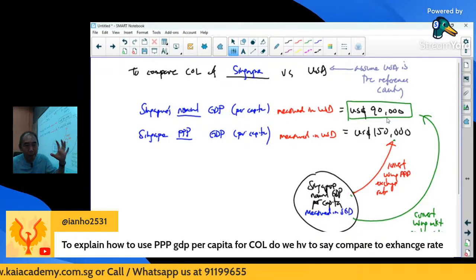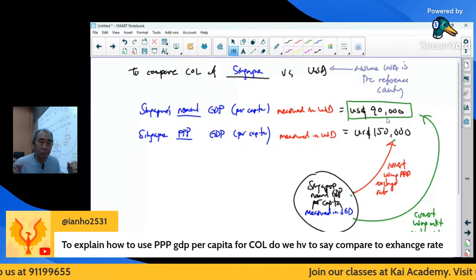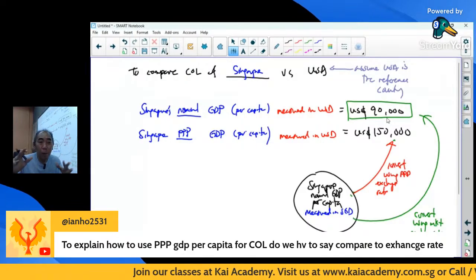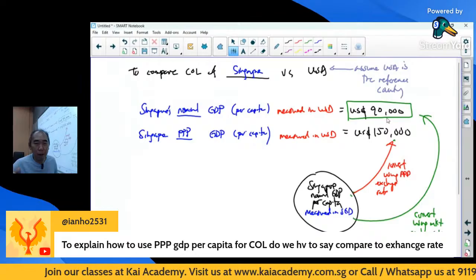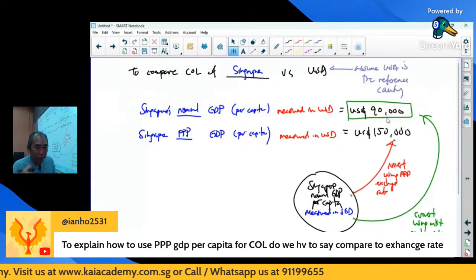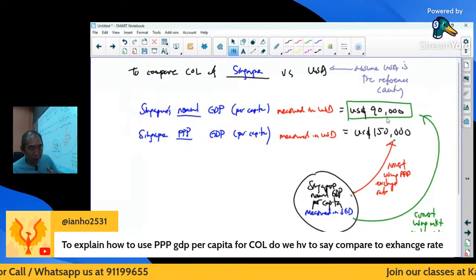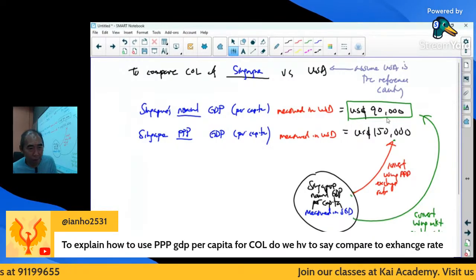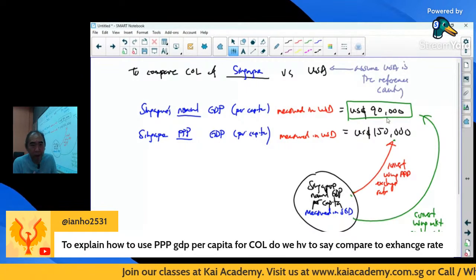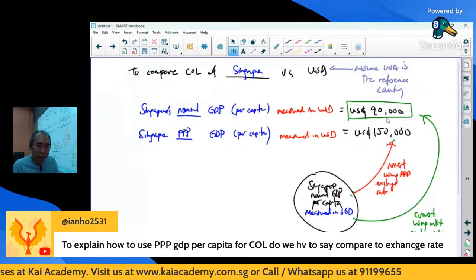We can buy a basket of goods and services in Singapore using this $90,000 that if an American were to buy the same goods and services but buy it in America, the American will need $150,000. So taking into account that things in America are more expensive, to buy the same things that we can buy with 90K, Americans will need 150K. So us having 90K is equivalent to having the purchasing power of 150K in America.